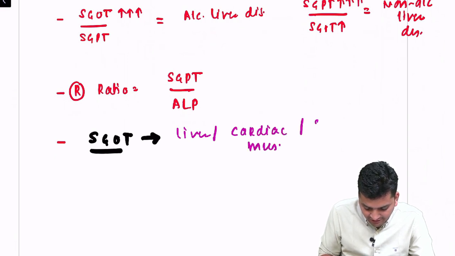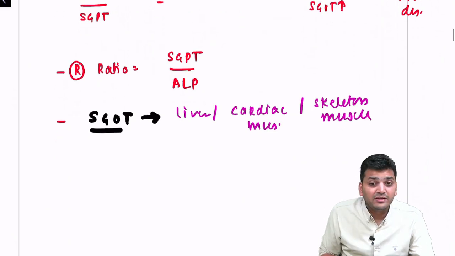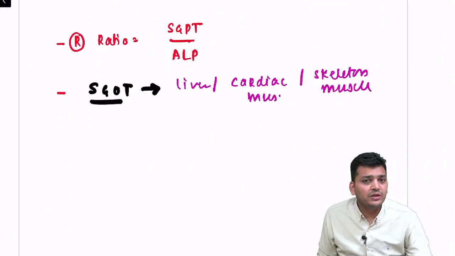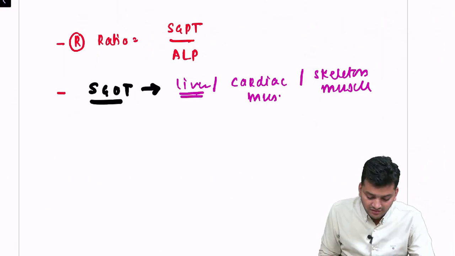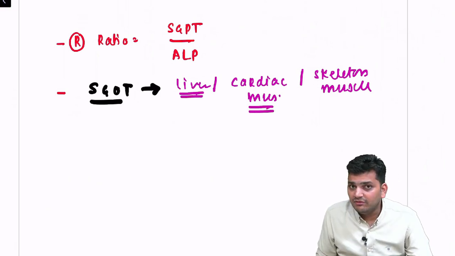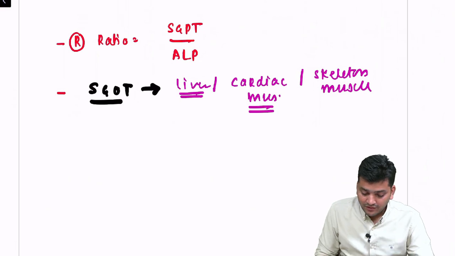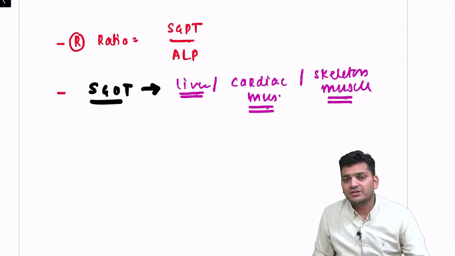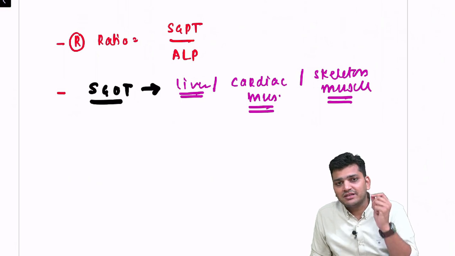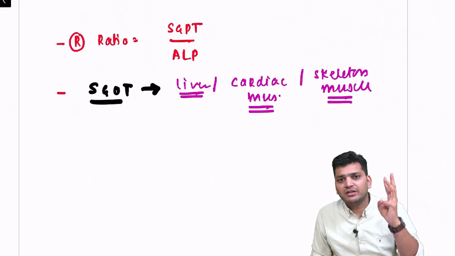And third is skeletal muscle. That is why SGOT can be increased if there is a problem in the liver, hepatitis, cardiac muscle problems such as myocardial infarction, or skeletal muscle problems such as rhabdomyolysis. So SGOT can be increased if there is any injury in liver, cardiac muscle or skeletal muscle.